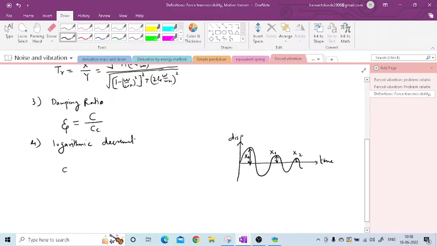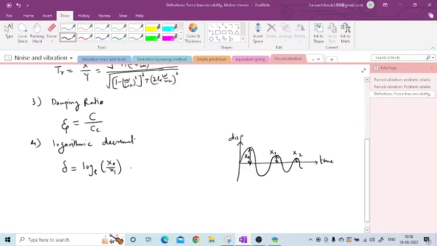So the logarithmic decrement delta is given by log to the base e of x naught by x1. It is the natural logarithm of the ratio of two successive amplitudes, means the ratio of x0 and x1. So these are the two successive amplitudes on the same side.